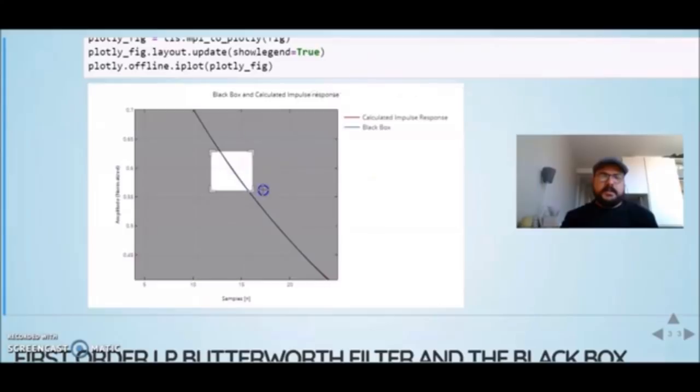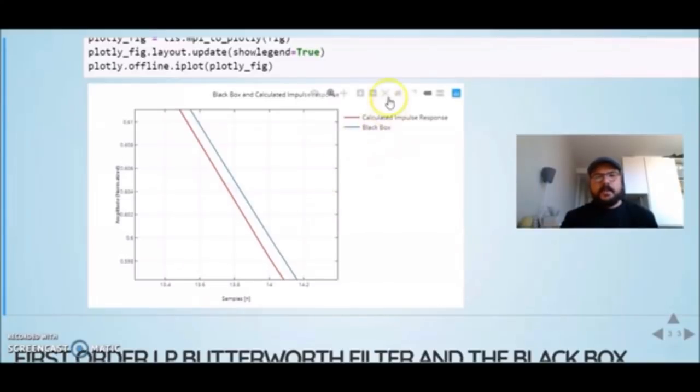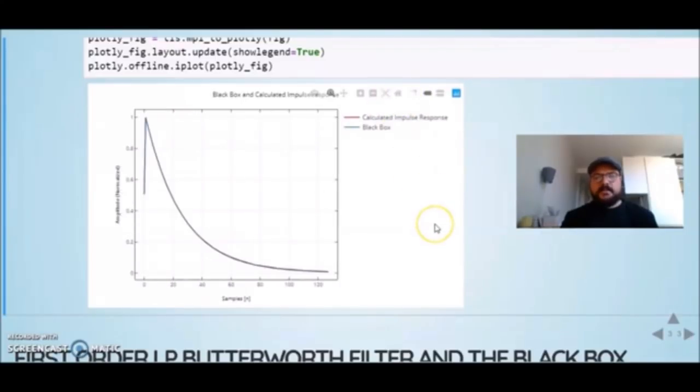So we succeeded in a good approximation. This is what we expected, after this process of measuring a frequency response and taking the inverse Fourier transform to end up with the same numbers that were inside this black box array.